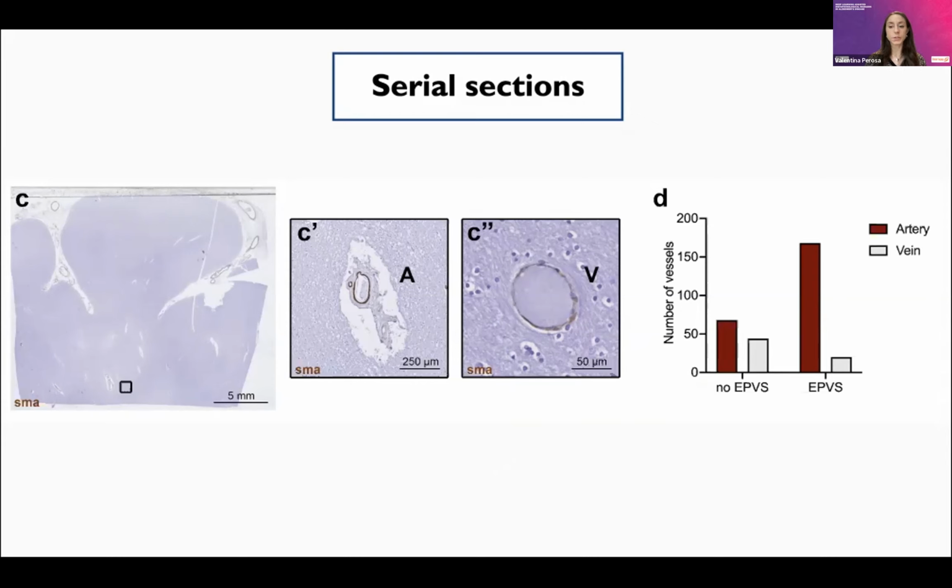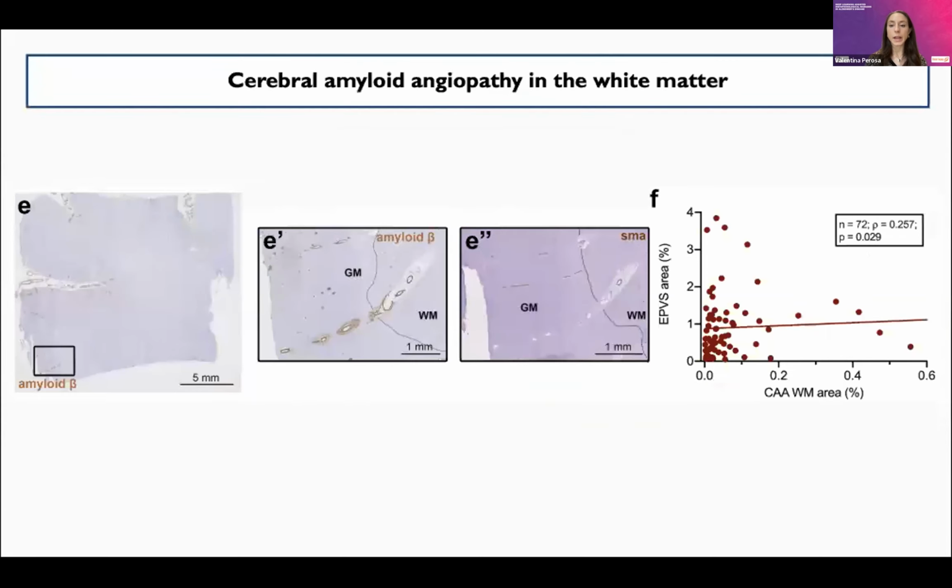This is also consistent with some work done at high resolution in vivo MRI. In the serial sections of the severe CAA cases, we sometimes also found some CAA in the white matter, not much, but a little bit.